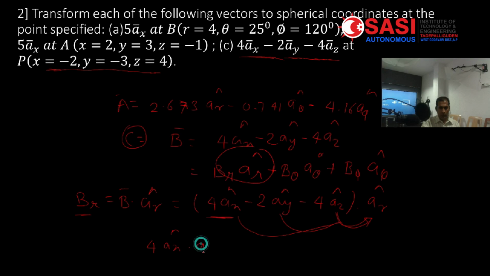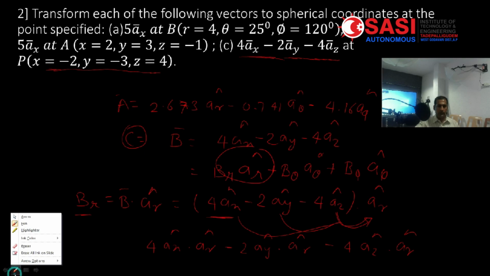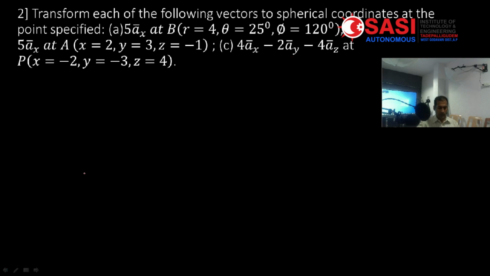We will get 4ax cap dot AR cap minus 2ay cap dot AR cap, then next one, minus 4az cap dot AR cap. So if we solve this one, what we will get? You can try it yourself.